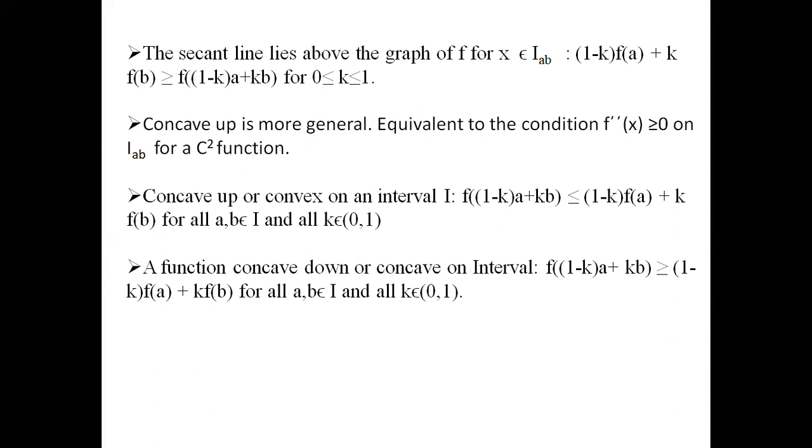And for the concave down, we can explain it simply as concave on interval a and b, that will be f(1 minus k)a plus kb greater than or equal to, just the opposite of the convex function, that is (1 minus k)f(a) plus k f(b) for all a, b in the interval, that is between a and b domain, all k lies between 0 to 1.